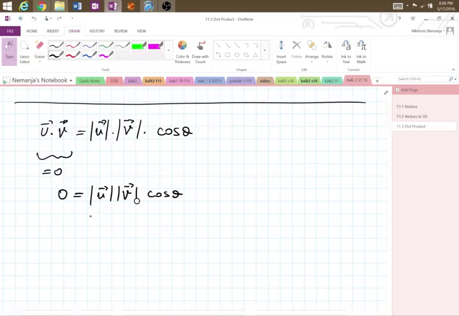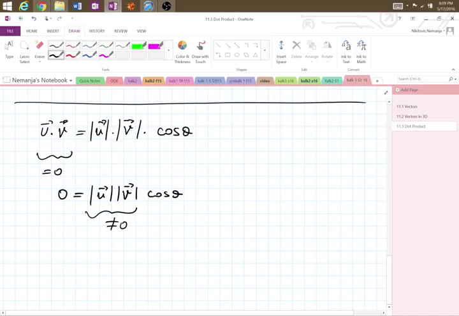But then these two magnitudes cannot be 0, because unless they're 0 vectors, the vectors have a magnitude, a length. We also saw last time that the 0 vector is at the origin and it has no direction. So we cannot talk about the angle between a 0 vector and something else, because the 0 vector technically collapses into a point at the origin.